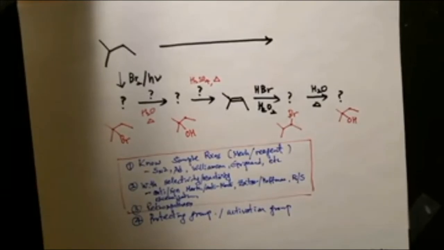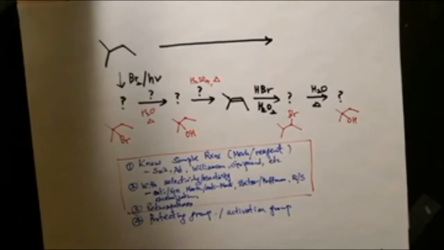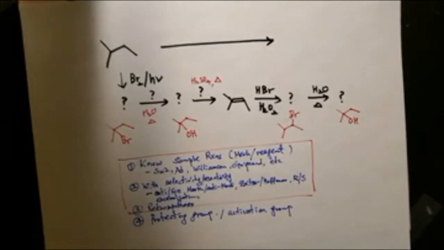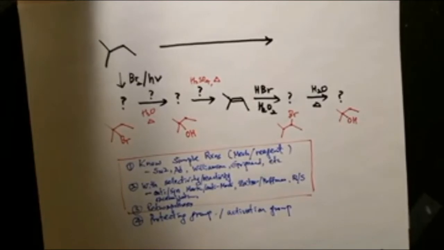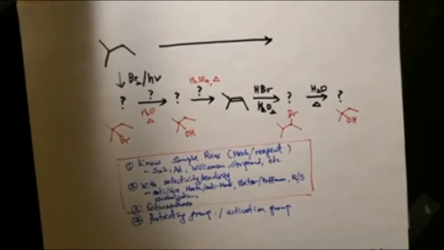Then, in the analysis, whether you look at the final product and try to do retrosynthesis, or you compare reactant and product to analyze the differences, you have to do it in two aspects.